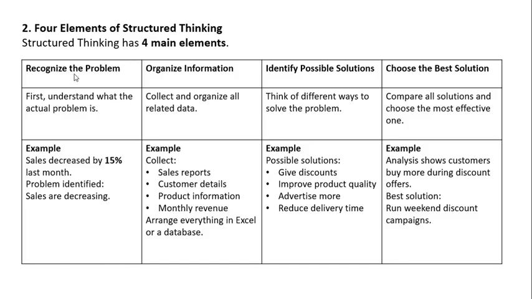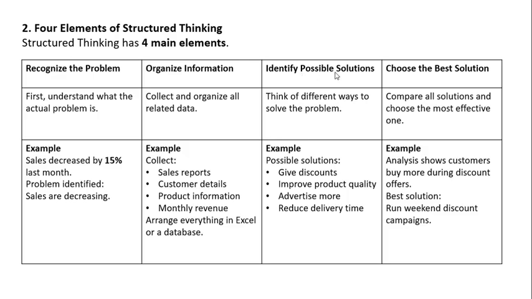First, recognize the problem: understand what the actual problem is. For example, sales decreased by 15% last month, so the problem is identified. Second, organize the information: collect and organize all the related data, such as the sales report, customer details, product information and monthly revenues, and arrange everything in Excel or a database.